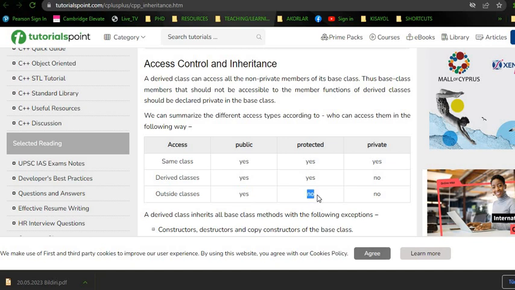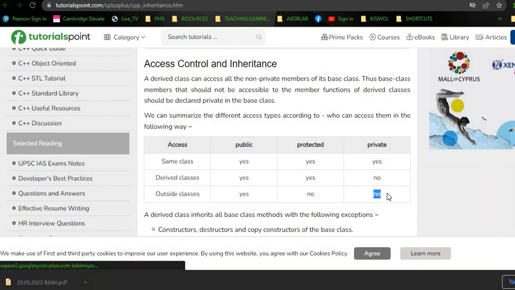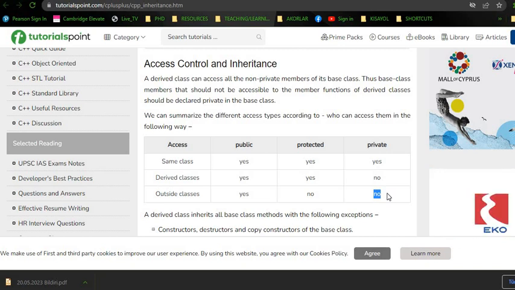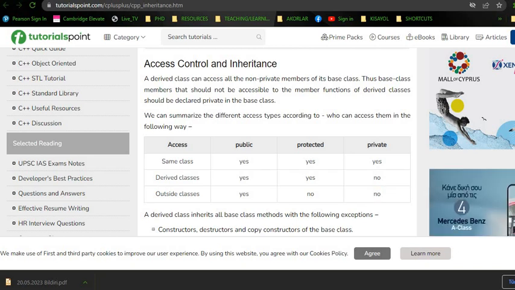But if it is protected or private, we cannot access. Actually, I told you before that a protected member is like a private member when we are just trying to reach it from an unrelated class or object. So this should be very clear.